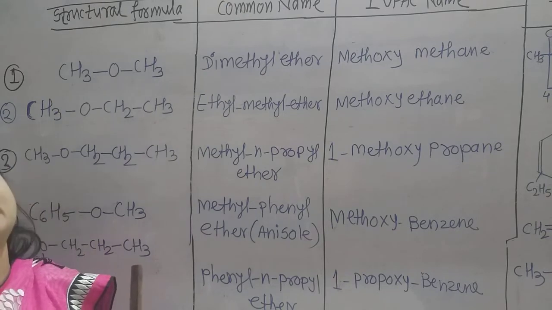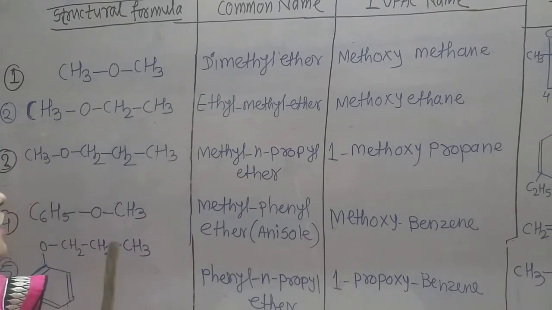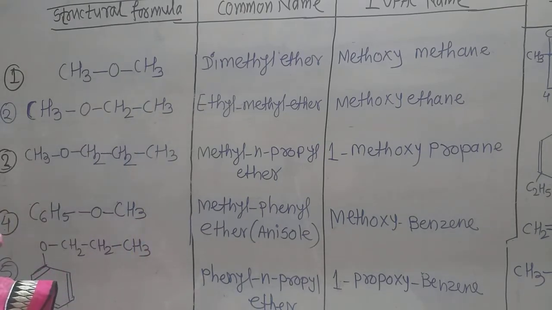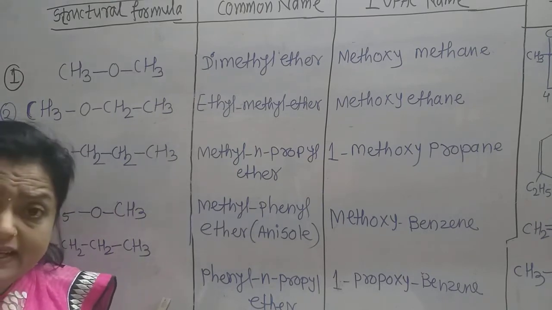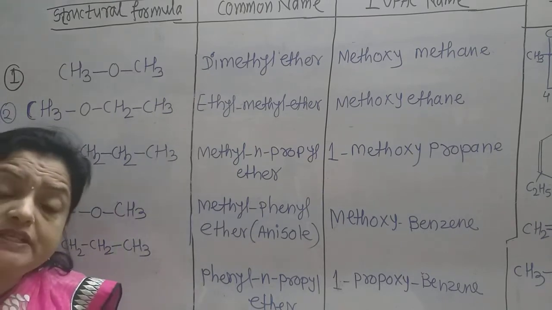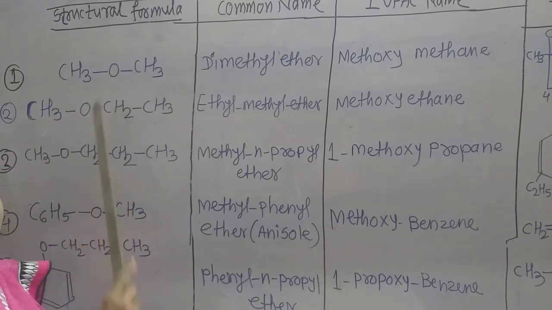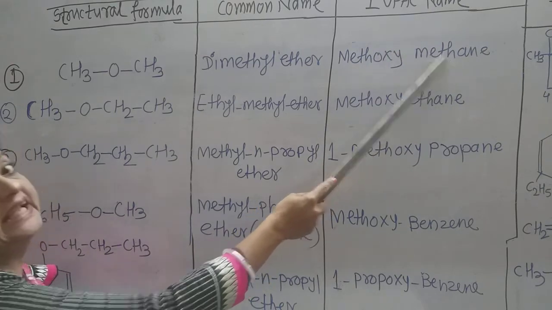Now here both of the alkyl groups are similar, methyl. So any methyl group is considered as the parent alkane and the other methyl group is considered as the methoxy group. So the IUPAC name of this ether is methoxy methane.